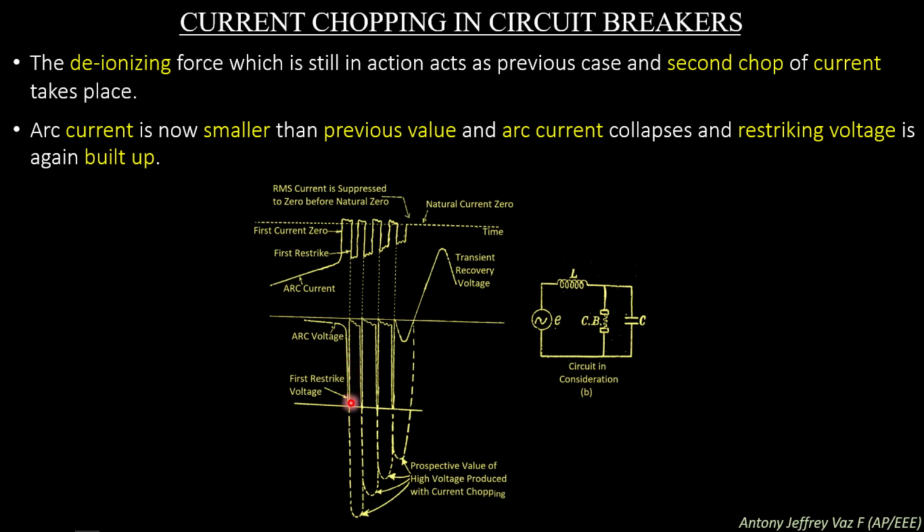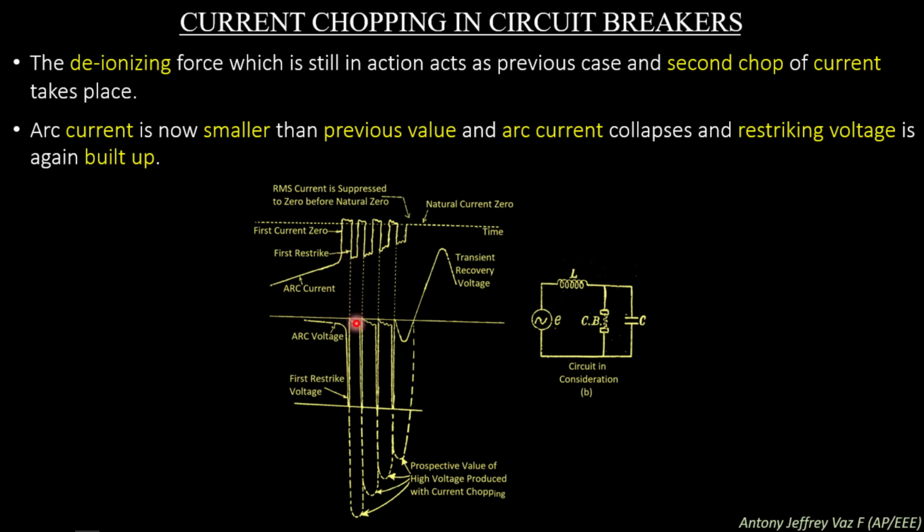When the arc starts to restrike, you can see the arc current in the second waveform again starts to rise in the negative direction. Since the arc current is rising in the negative direction, the capacitor voltage is reduced to zero. At this time, the second chop occurs.